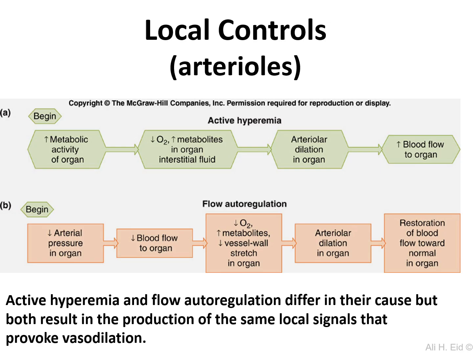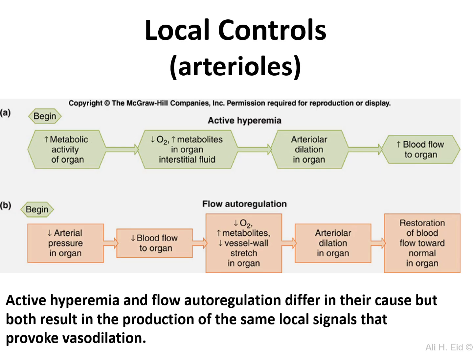For the flow autoregulation, it's very similar, except that here, instead of the metabolic activity being the stimulus for the mechanism, it's actually a drop in blood pressure. So if arterial pressure in a given organ decreases, that means you're going to have less flow coming to that organ. And now it becomes similar to the active hyperemia. When you have decreased blood flow, the amount of oxygen being delivered to that tissue is reduced, and the concentration of metabolites in the vicinity of that tissue is going to increase.